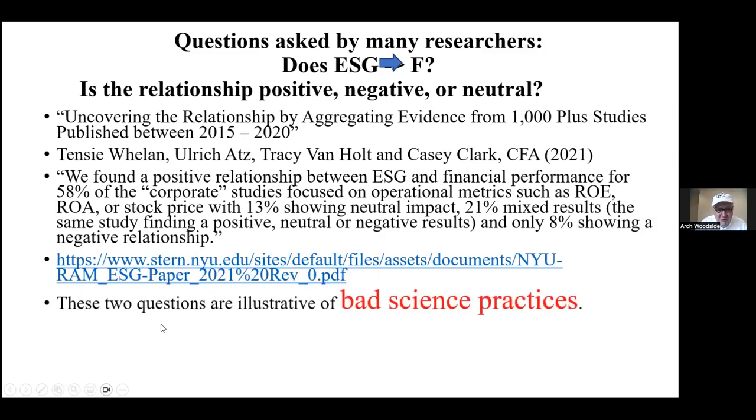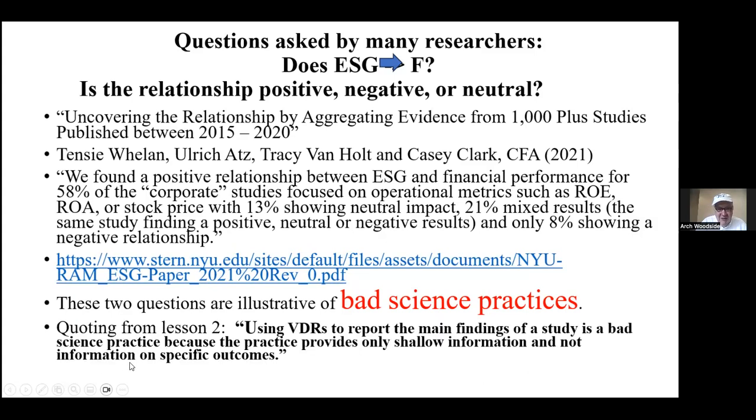What I'm suggesting to you is that the two questions asked here are actually bad science practices. What we really need was mentioned in lesson 2 of this program: using FDRs, variable directional relationships, to report the main findings of a study is a bad science practice, because the practice provides only shallow information and not information on specific outcomes.